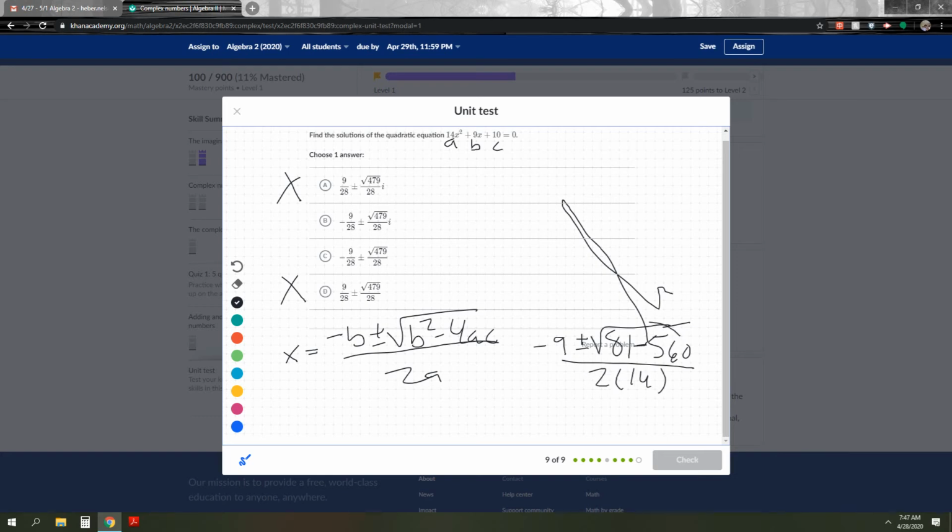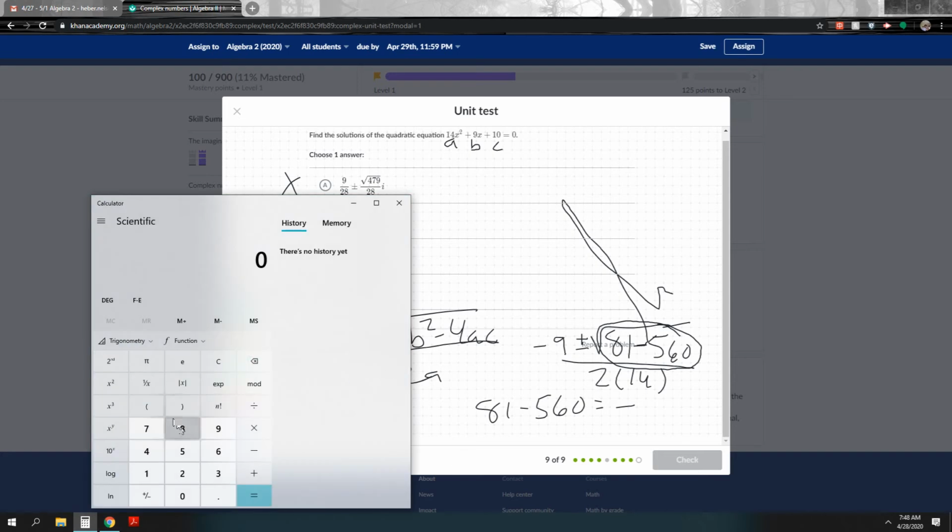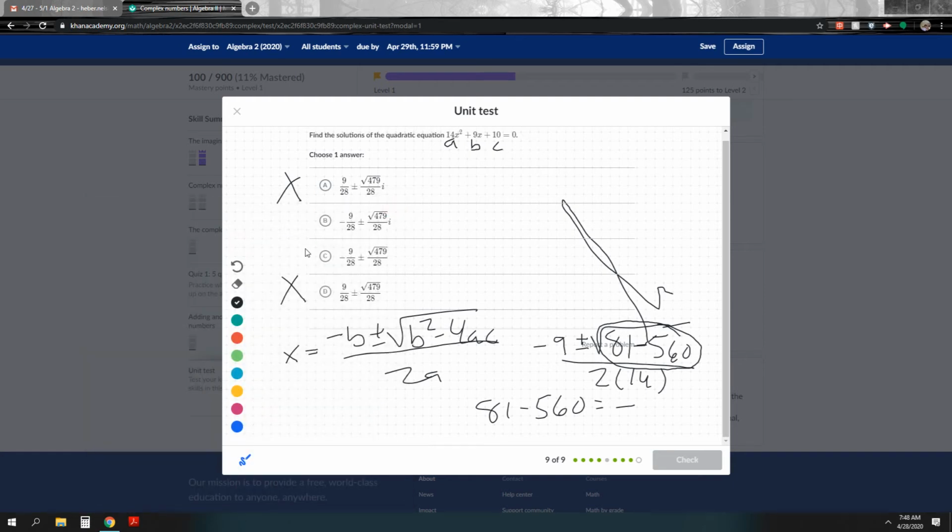Although really all we care about right now is what's happening here. 81 minus 560 equals negative, well, we already know it's going to be negative 479, but let's use a calculator. Double check. You don't ever want to just trust what the computer's telling you. Okay, so 81 minus 560, negative 479.